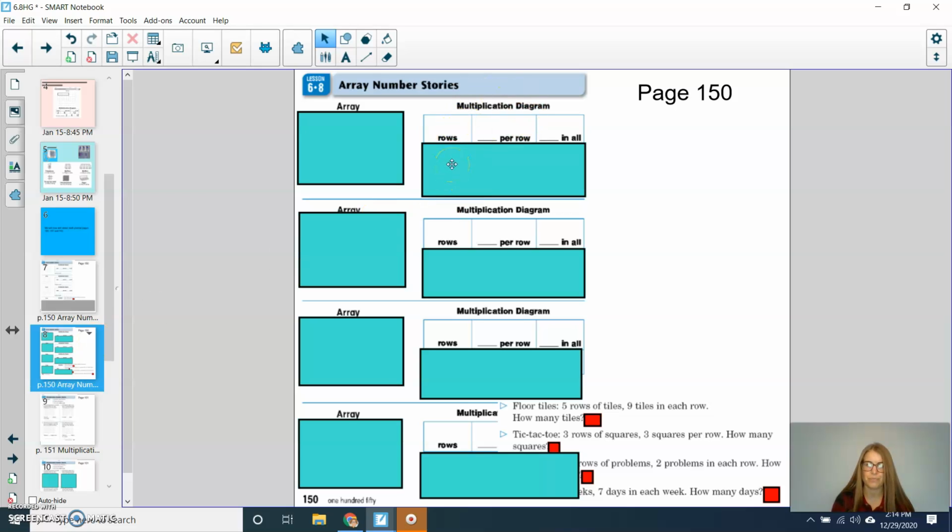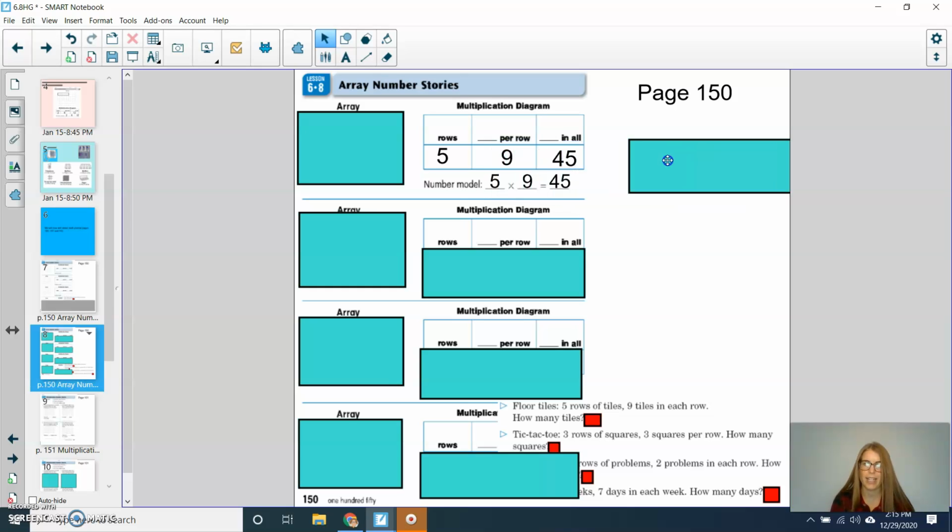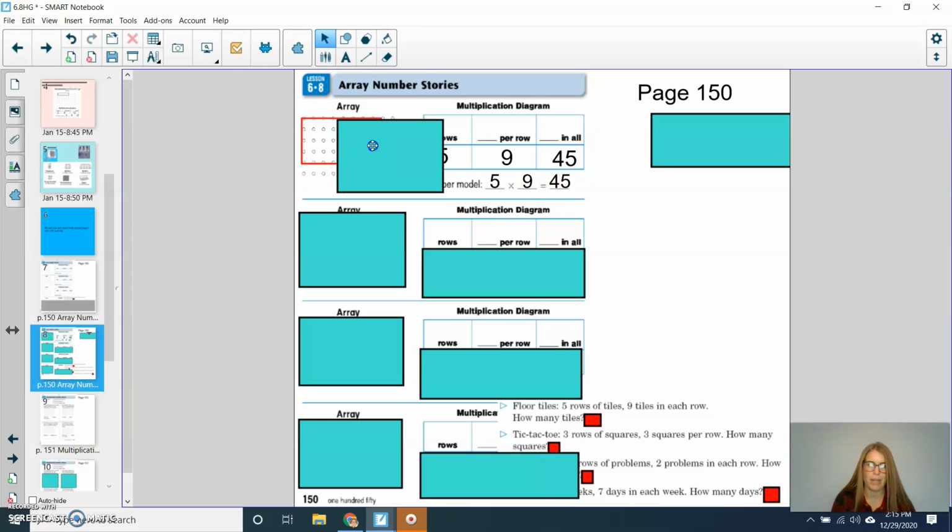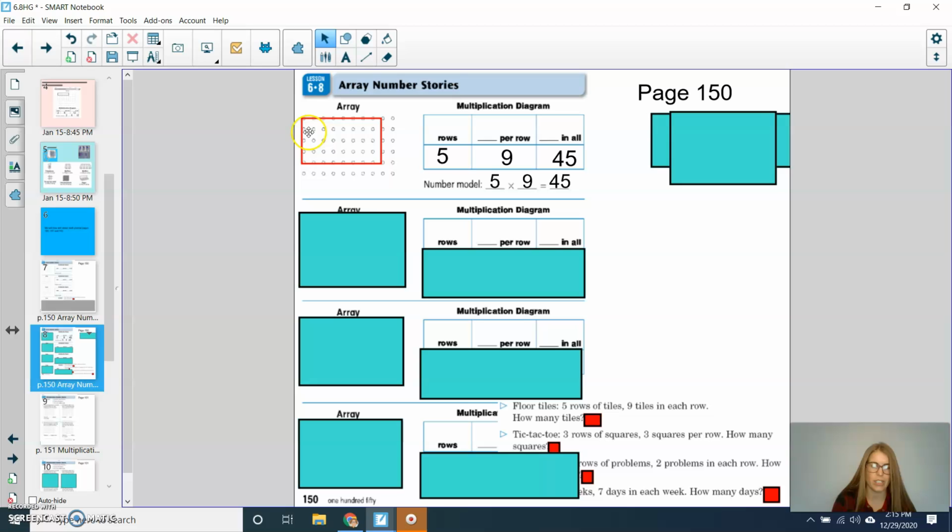I can talk about this first one with you so you can understand how we'll do this. I know that I have 5 rows of tiles and that I have 9 per row, and I got a total now of 45 in all. I made my array on the side. You could either box it in like I did, or you could do X's too.